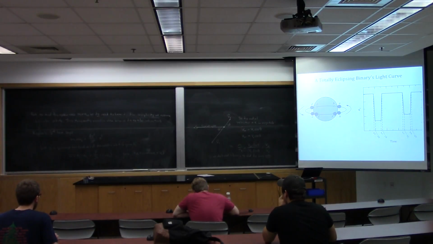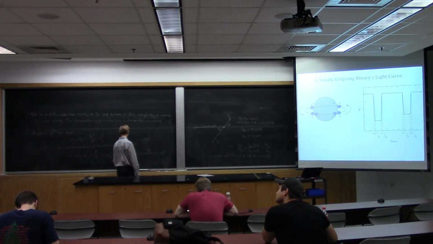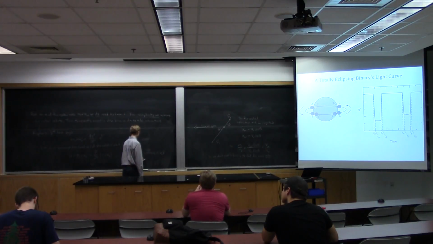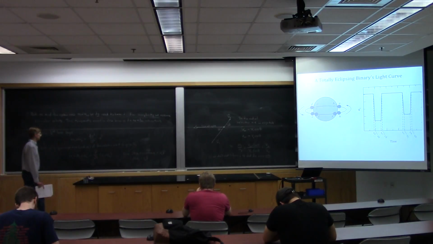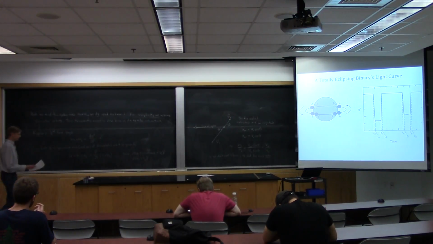Speed times period equals circumference for the circular orbit. So A1 plus A2 is just P over 2 pi times V1 plus V2.